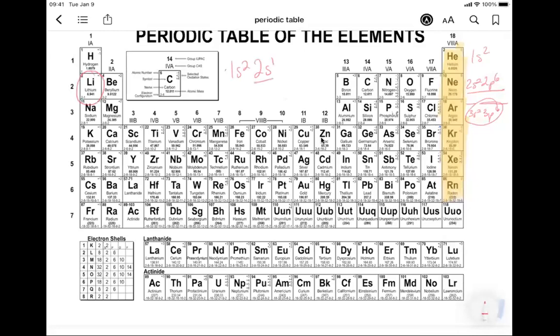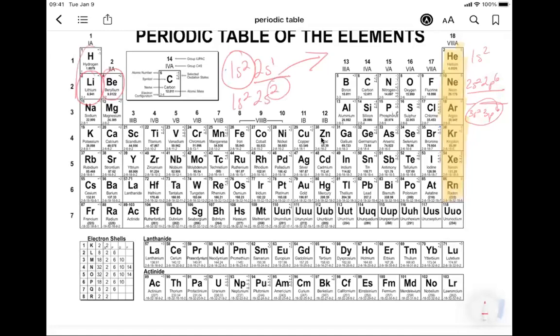It has only one, the single electron in the 2s orbital. If lithium can get rid of that one electron, it's going to have the same configuration as helium. It will be stable. What is beryllium's electron configuration? 1s2, 2s2. So beryllium needs to get rid of 2 electrons in its outer shell, not just 1.